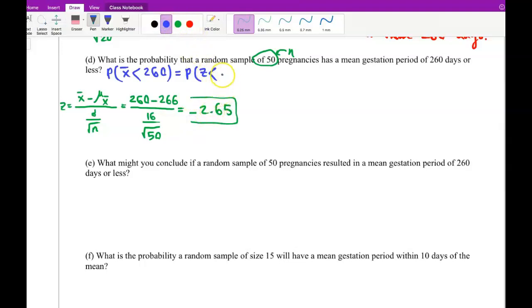So using this part here on top, z less than negative 2.65.